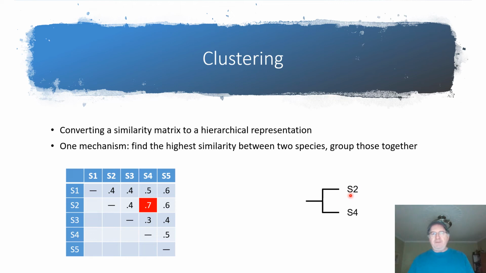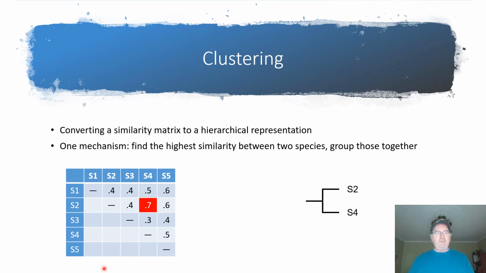Now that I've grouped these together, my question becomes, how close is S1? How similar is S1 to the group of S2 and S4? How close is S3 to the group of S2 and S4? S5 to the group S2 and S4? And to do that, basically, I'm going to simply take the arithmetic average of these original similarities.